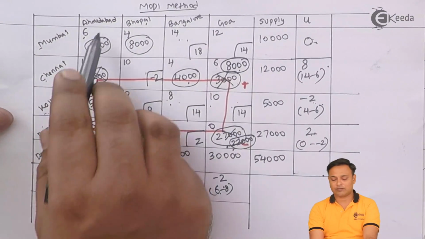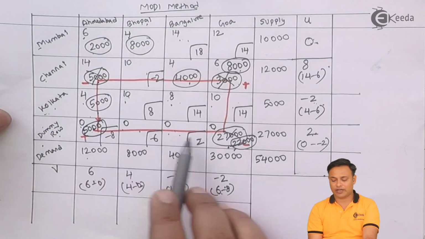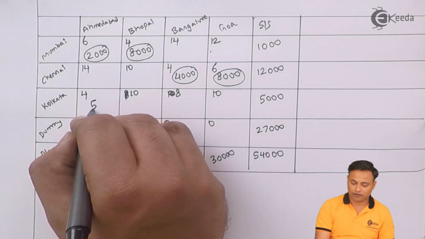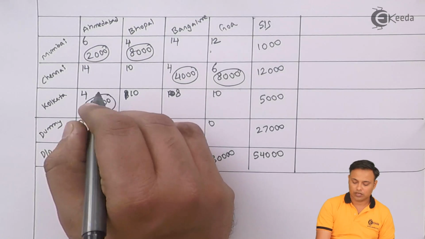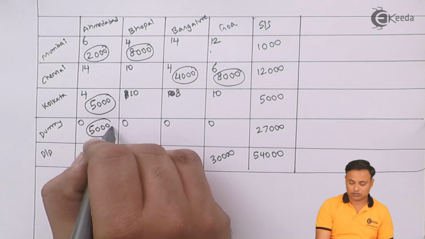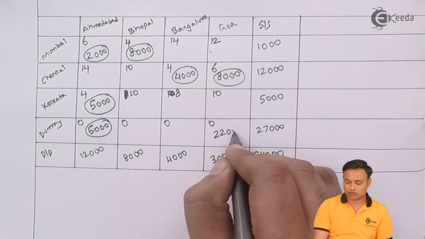Then we had Kolkata, Ahmedabad 5,000 and at dummy we had 5 and 22,000.